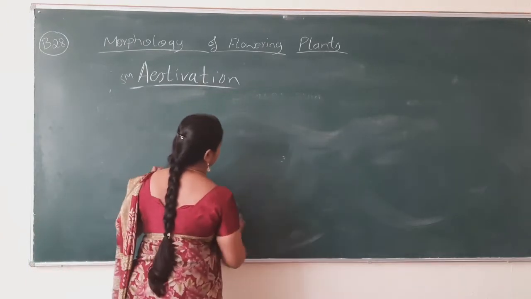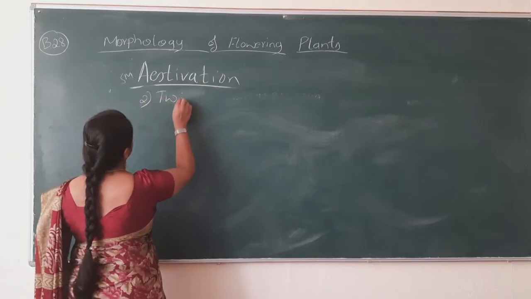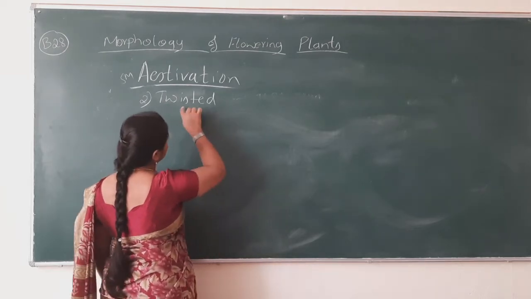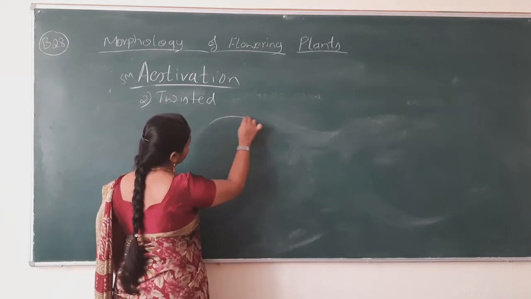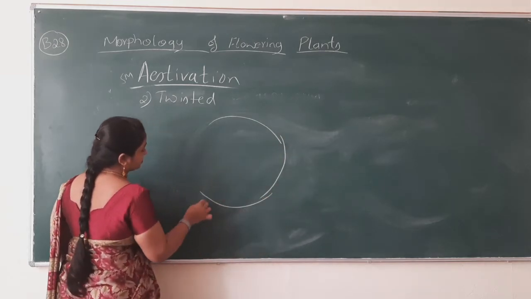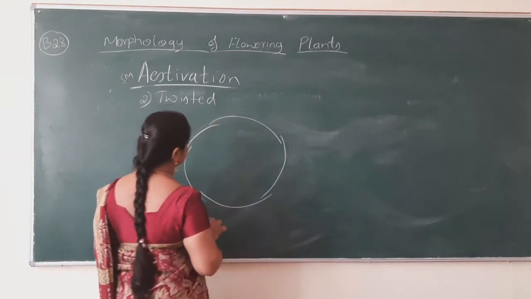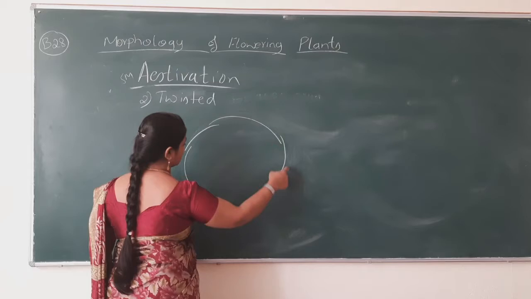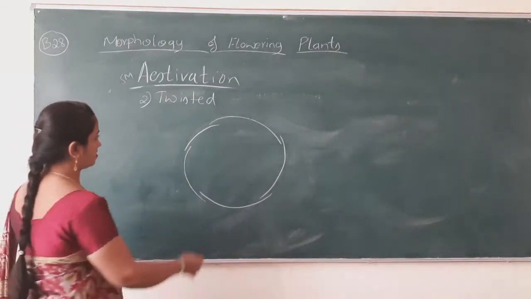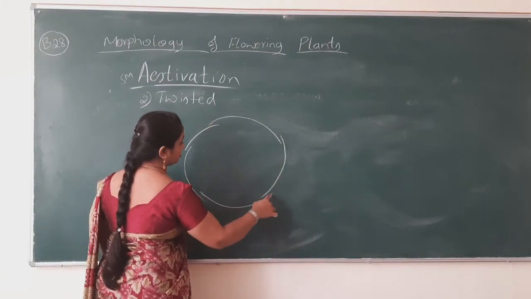The second one is twisted estivation, where the name itself says it has a twisted type of sepal or petal. I have drawn here 5 sepals or petals, and just observe the margins of each unit.